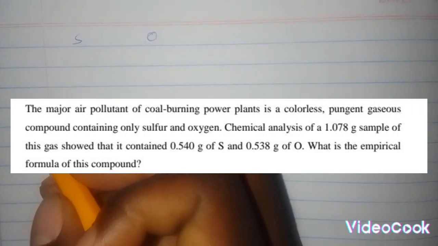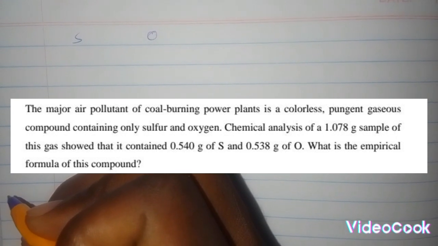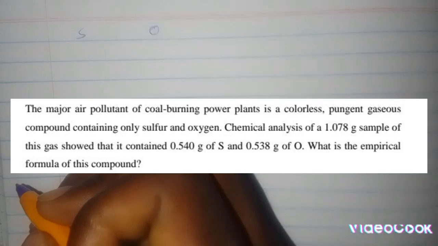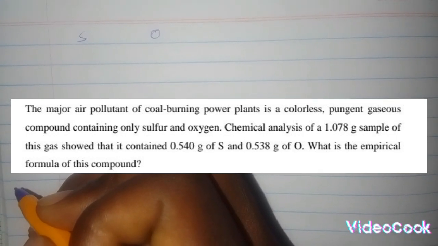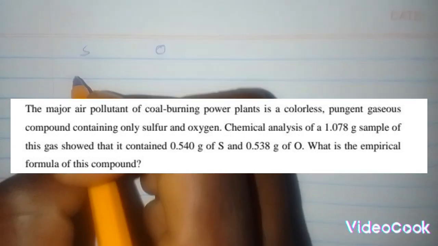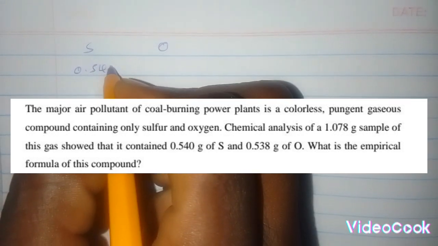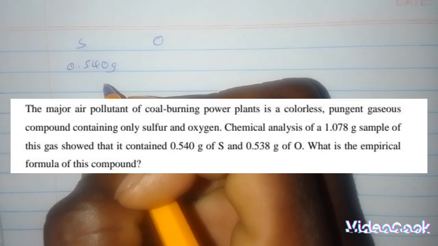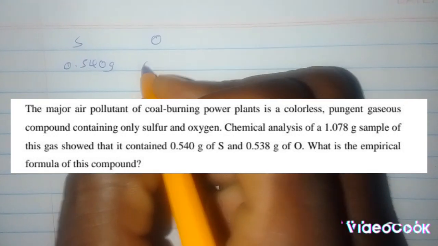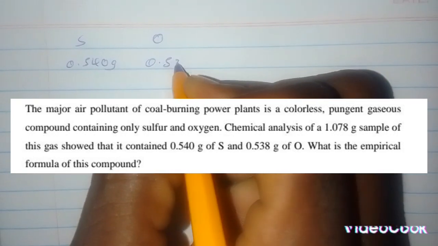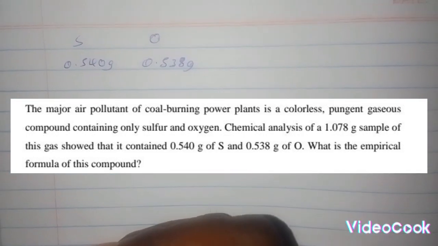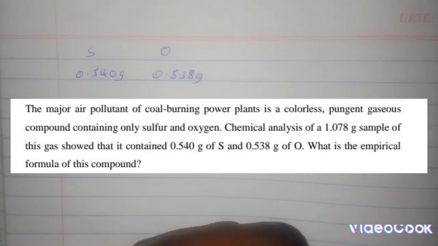Chemical analysis of a 1.078 grams sample of this gas showed that it contained 0.540 grams of sulfur and 0.538 grams of oxygen. What is the empirical formula?